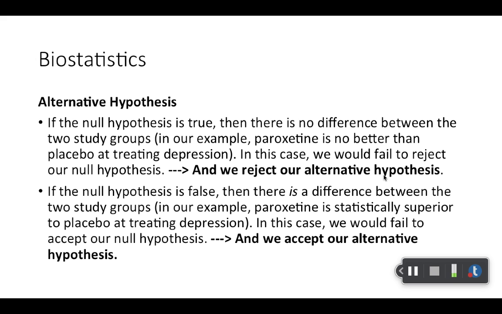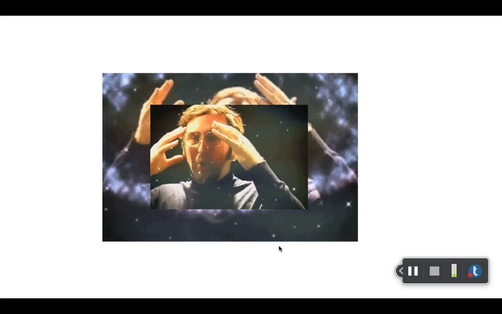And you'll hear this and read it in papers, etc. So failing to reject the null hypothesis is the same thing as rejecting the alternative hypothesis, right? Because they're opposites. And then if the null hypothesis is false, and you would fail to accept our null hypothesis, then you would accept our alternative hypothesis.